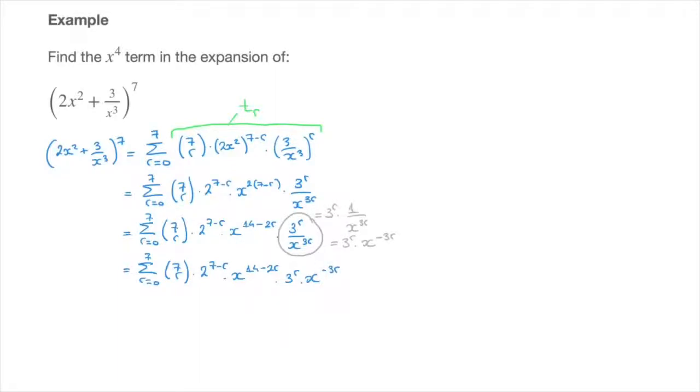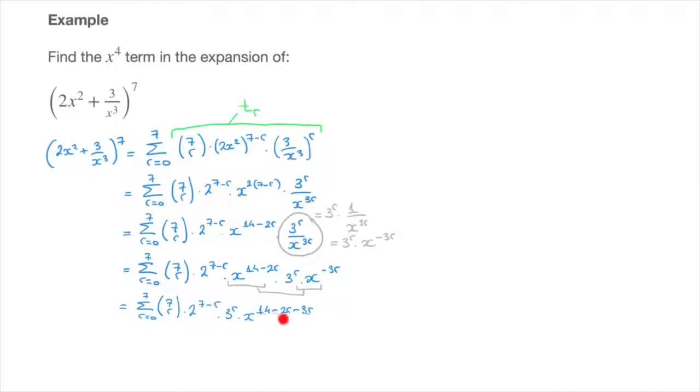And now multiplying these two x terms together leads to the sum from r equals 0 up to 7 of 7 choose r times 2 to the power of 7 minus r times 3 to the power of r times x to the power of 14 minus 2r minus 3r.